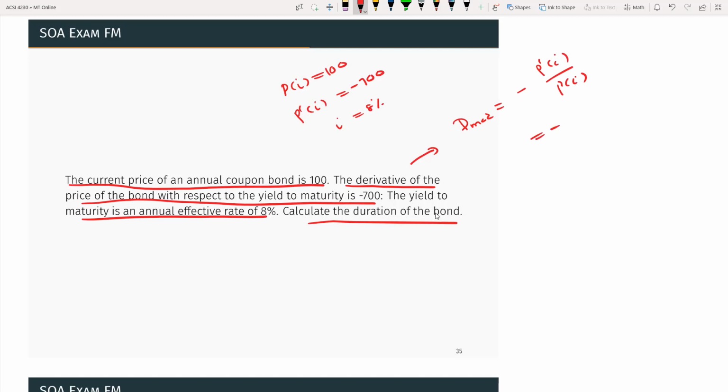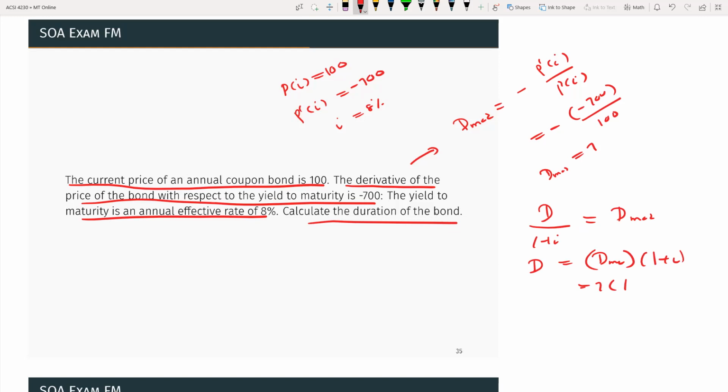So basically negative -700 over 100, which is 7. Now you can use this relationship: D divided by 1 plus i is the modified duration. So D is going to be the modified duration multiplied by 1 plus i. So basically 7 times 1.08.